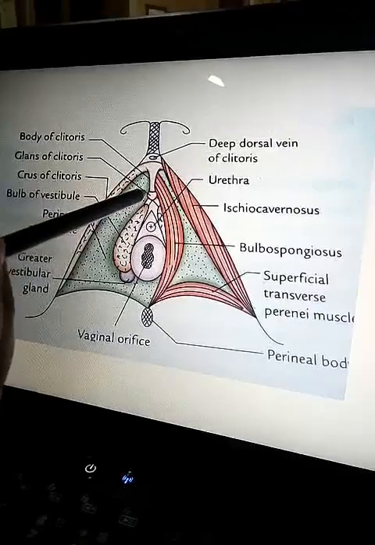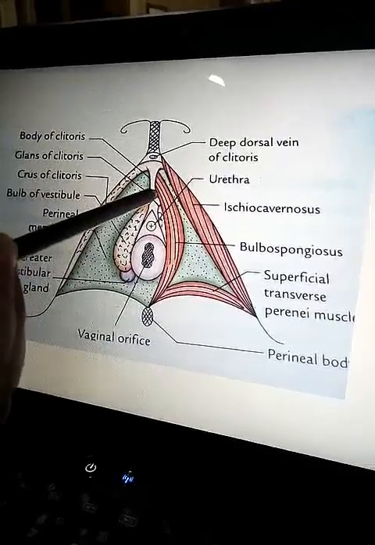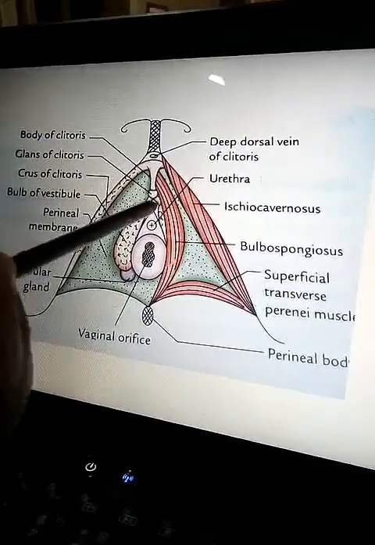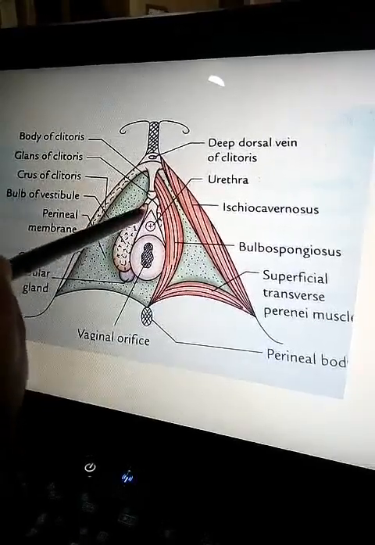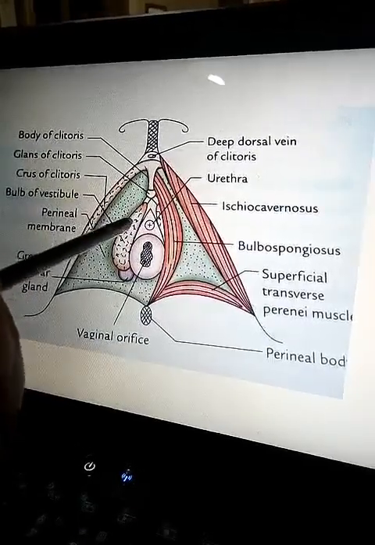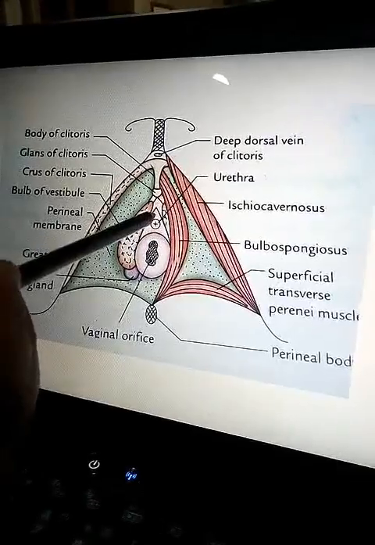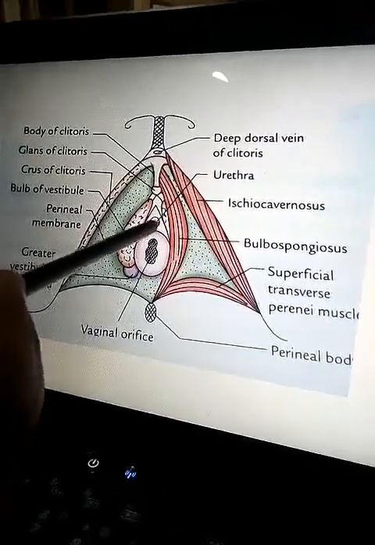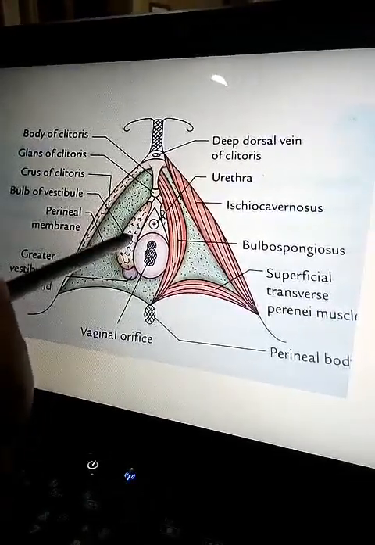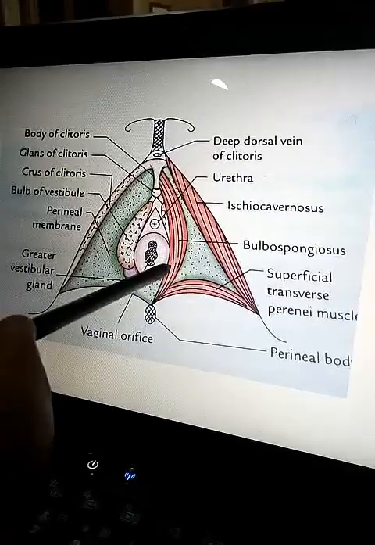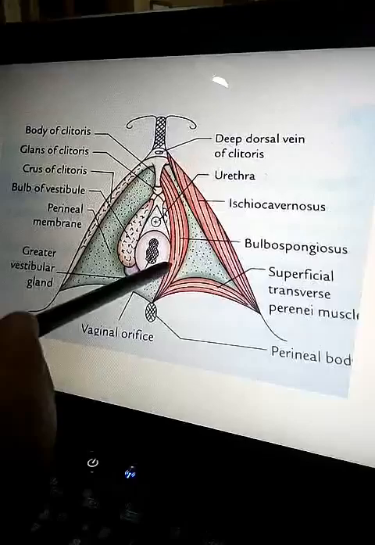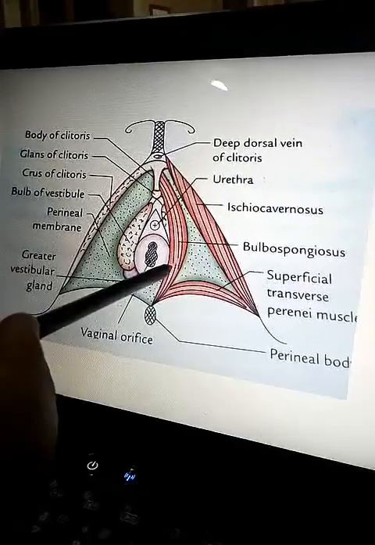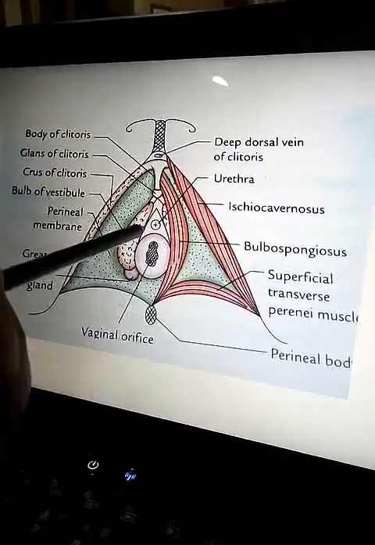The root of the clitoris is made of three masses of erectile tissue. The bulb of the vestibule corresponds to the bulb of the penis, but is divided into two halves, left half and right half, by the vagina. The bulbs lie on either side of the vagina and urethra, superficial to the perineal membrane.